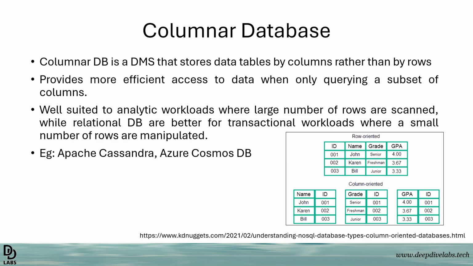Some of the flavors of columnar databases are Apache Cassandra, Azure Cosmos DB, etc. For columnar databases, there are different query languages used. One of the very popular query languages is the Cassandra Query Language, which stands for CQL.